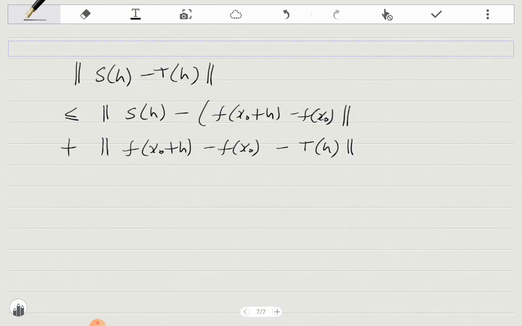So I just added and subtracted this f of x naught plus h minus f of x naught here, and then I write it like this. So both of these are small. So this is 2 times epsilon times norm h.